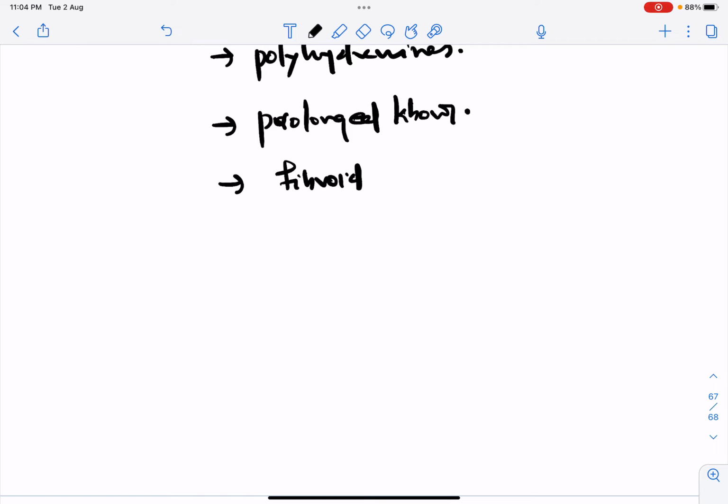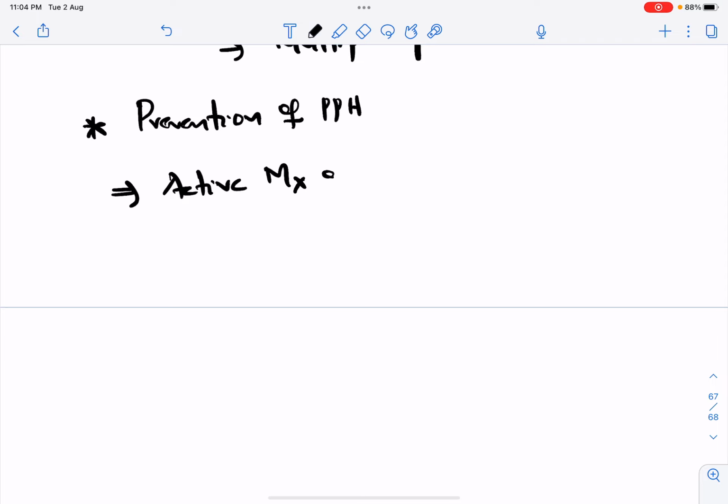So how can we prevent PPH? It is done by active management of the third stage of labor. Let us discuss the components of active management of the third stage of labor.